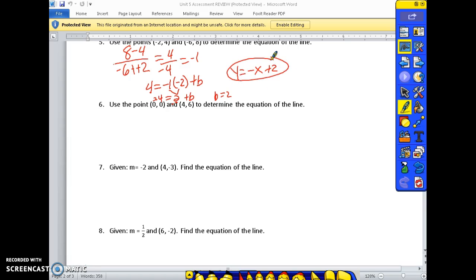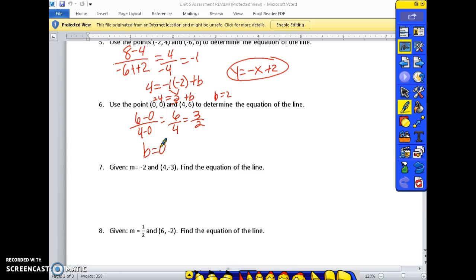For number 6, use the point 0, 0, and 4, 6 to determine the equation of the line. Subtract your y's over your x's. That gives me 6 over 4, which simplifies to 3 halves. If one of my points has 0 for an x, then whatever that y is, that is your b.